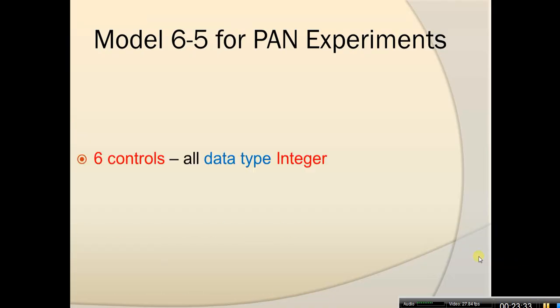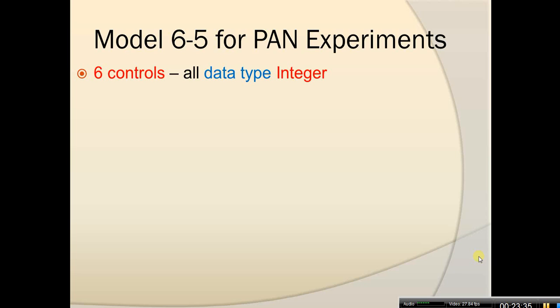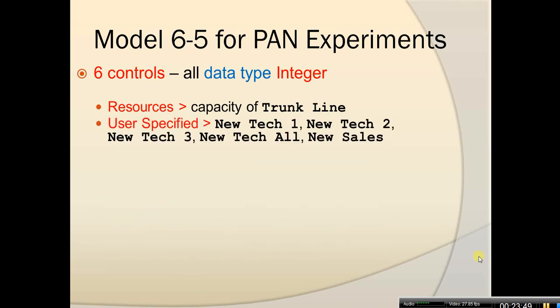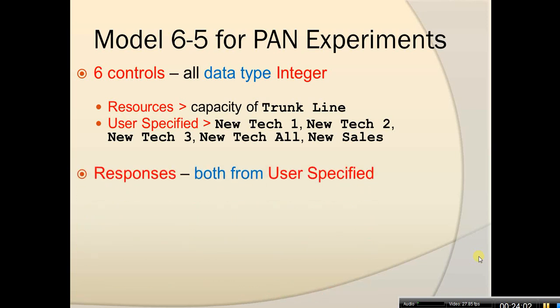So here are the controls that we're going to look at. So we're going to have 6 controls. All controls will be having the same data type, integer. And among those 6 controls, we'll have the resources, and we'll choose capacity of trunk line. We also select some of the user specified, and these will be our variables: new tech 1, new tech 2, new tech 3, new tech all, and new sales.